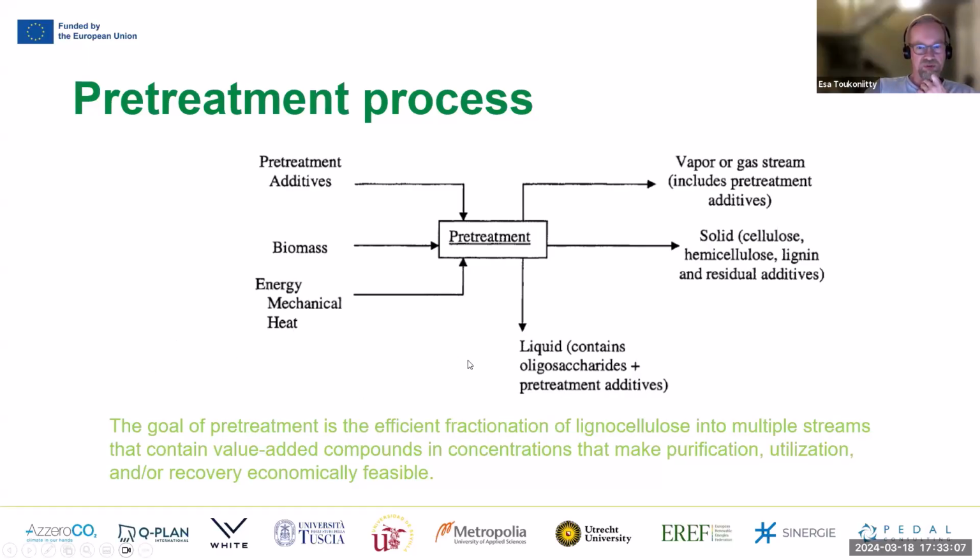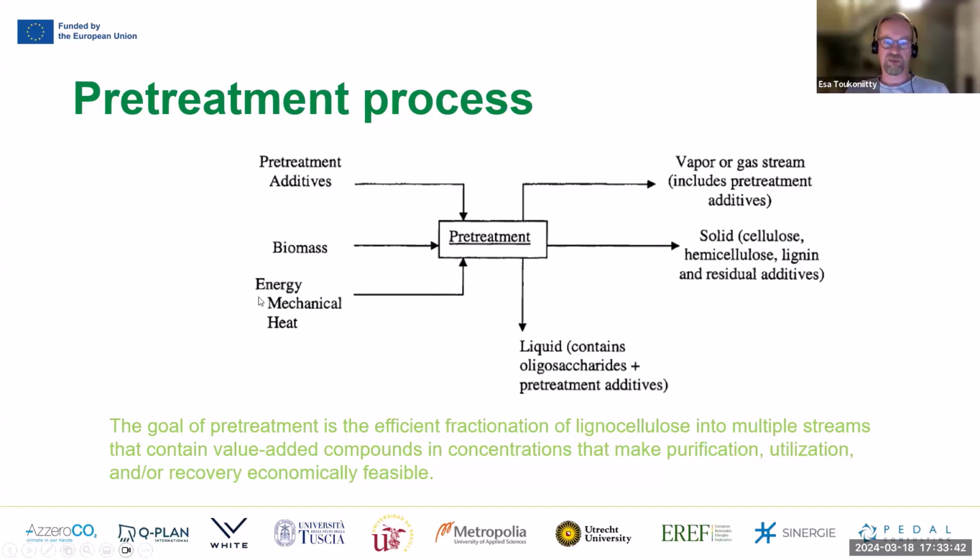This scheme is from chapter 7 of the course book, and shows what things are involved in a pre-treatment process. It's not that surprising, but maybe it illustrates that you need something in addition to the biomass that is your raw material that you want to process.